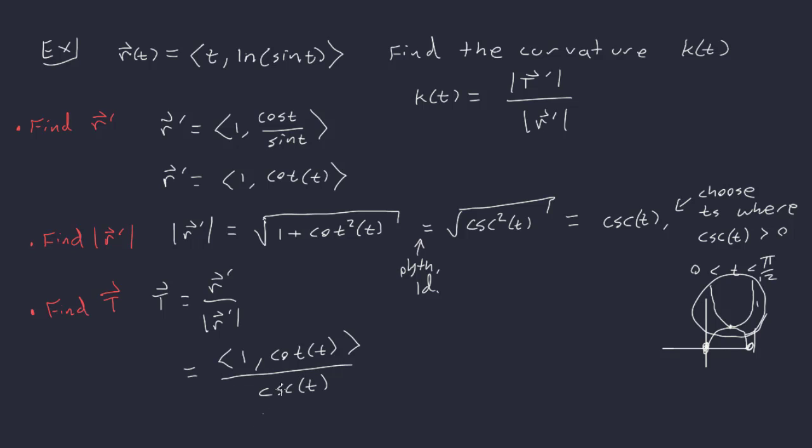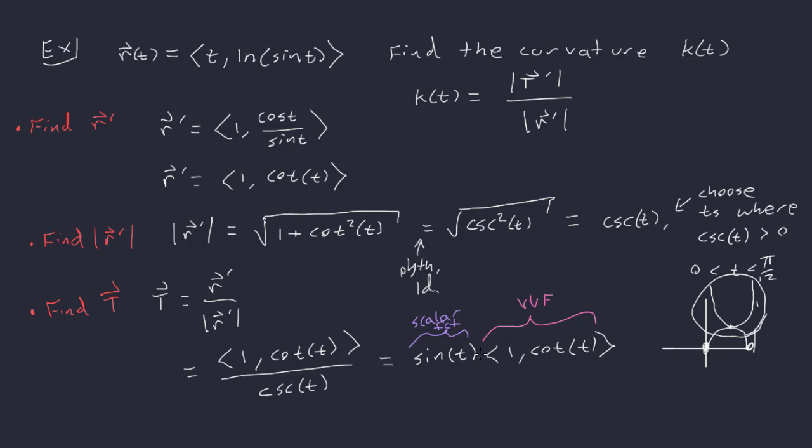Well, when you divide by cosecant, that's the same thing as multiplying by sine. And actually, this ends up being a good example because we haven't really looked at scalar multiplication when it comes to vector-valued functions, but this here is a vector-valued function, and this is a scalar function.